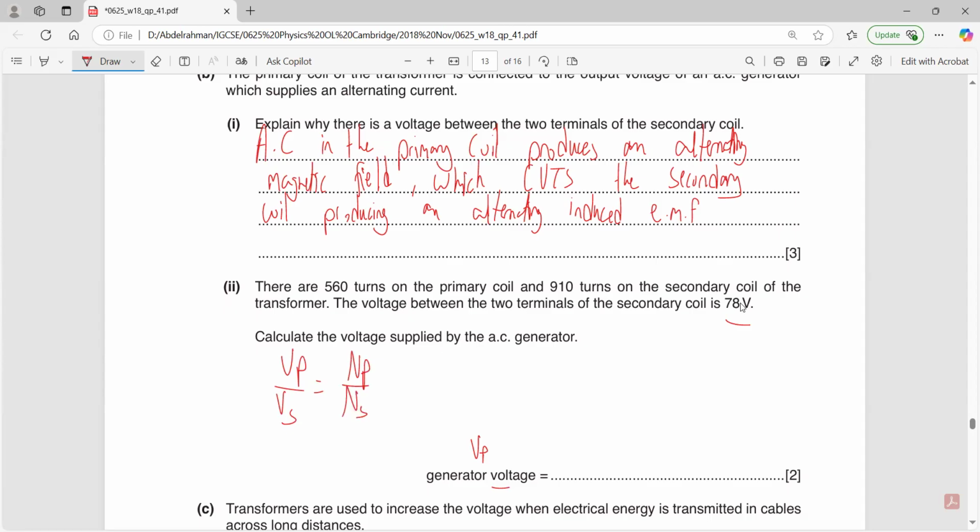VS is 78, NP is 560, NS is 910. Cross multiply, 78 times 560 over 910. So the generator voltage would be 48 volts.